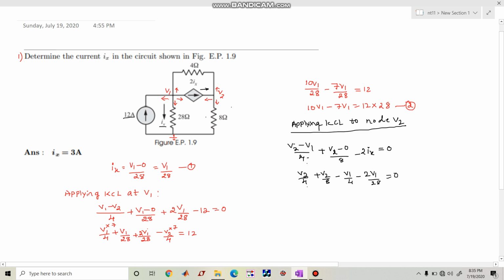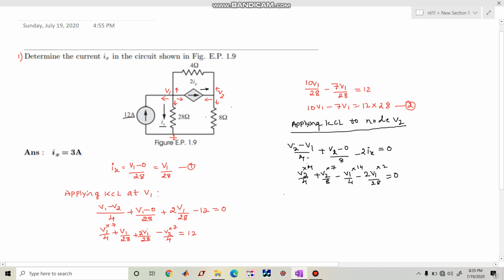If you calculate the LCM of 4, 8 and 28, you will get 56. So to get 56, I multiply this with 14, this with 7, this with 14, and this with 2, correct?